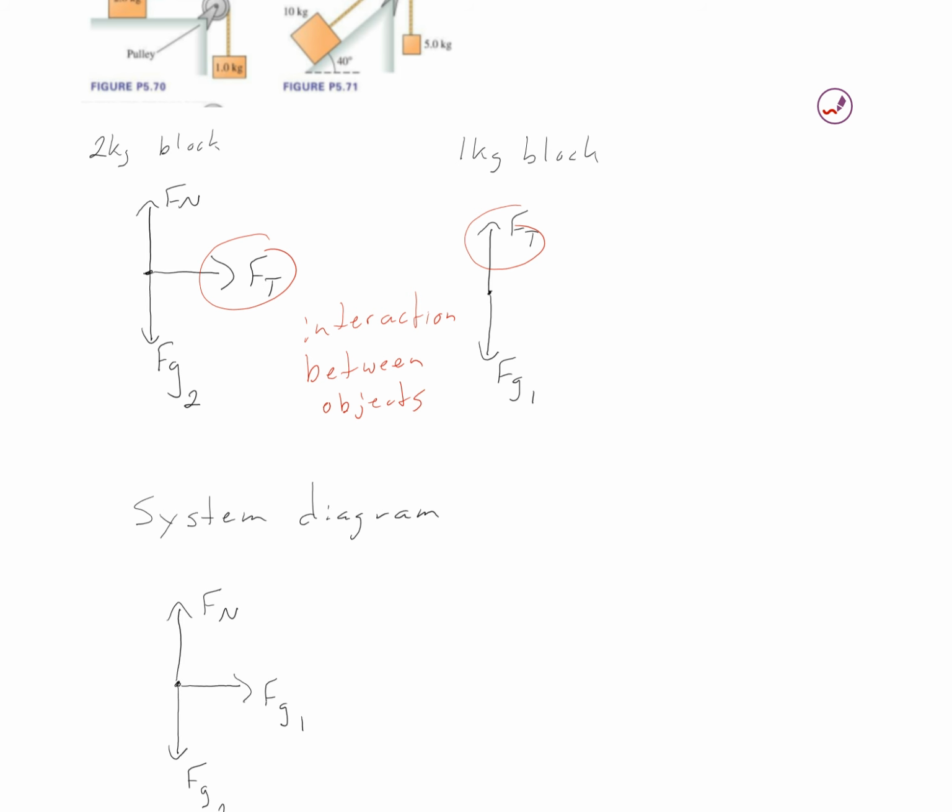So if the two objects are now contained in the system diagram, that interaction is internal, and we only have external interactions listed on your force diagram.